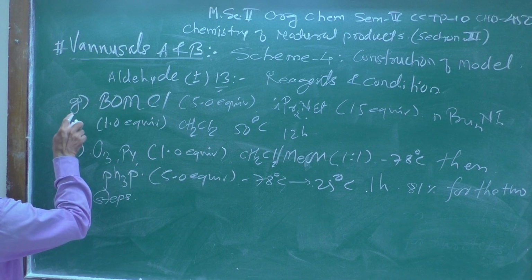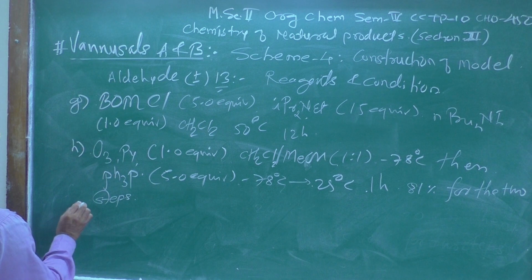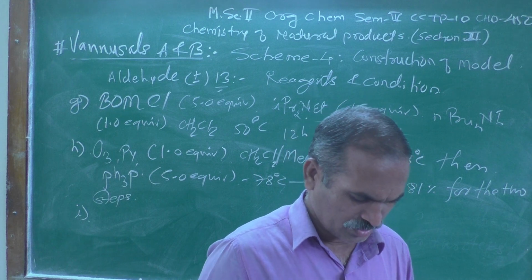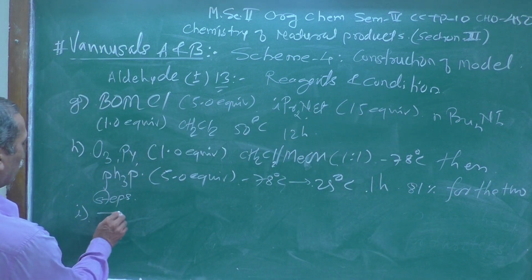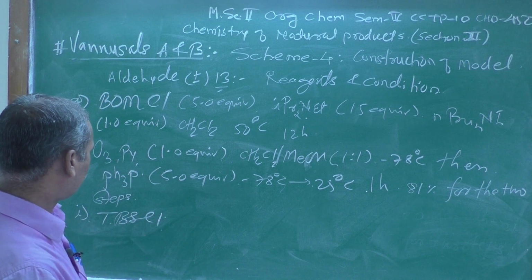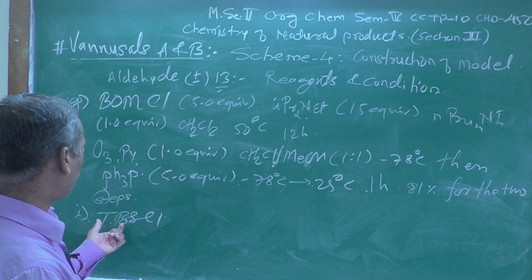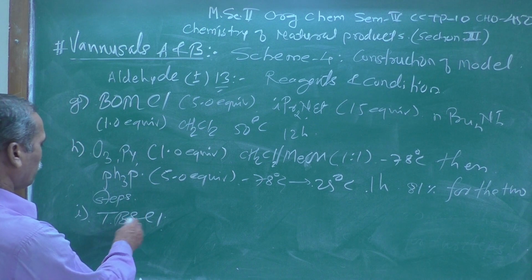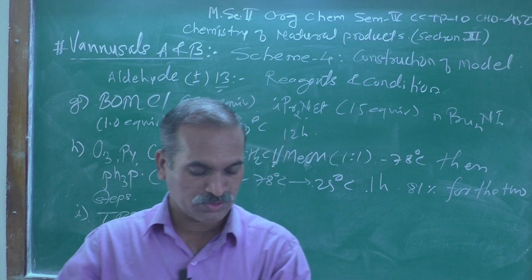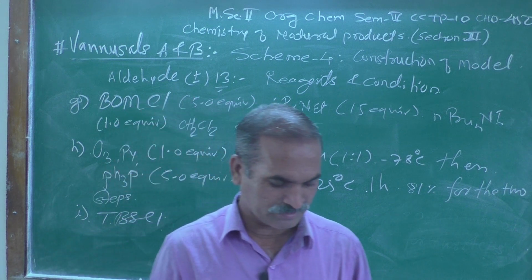And next one, now it's the reagent number I, that is TBSCl, tertiary butyl silyl chloride. As we know, the use of it is for protection purpose.